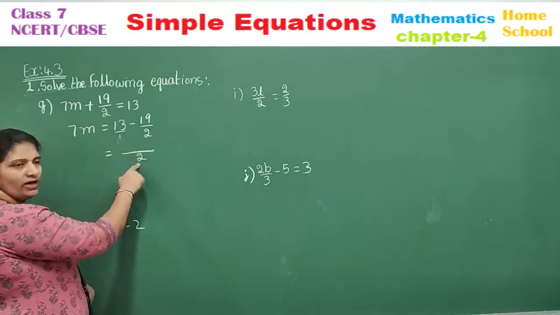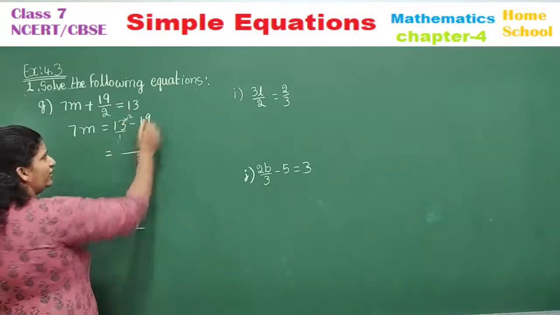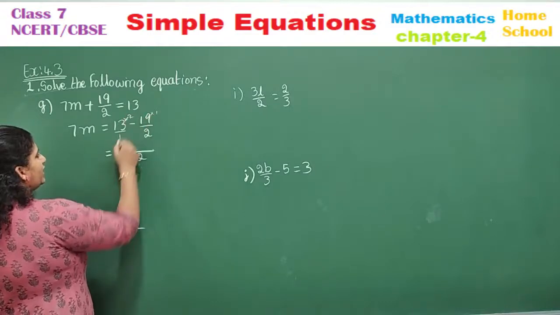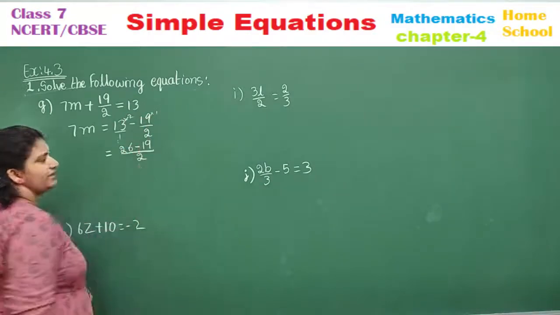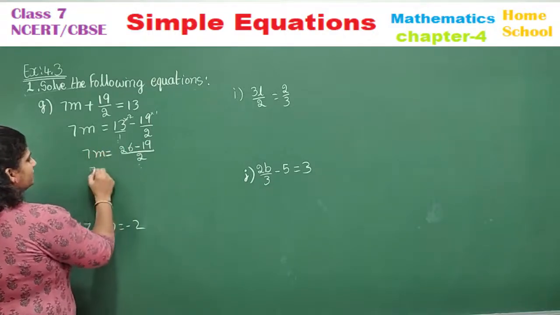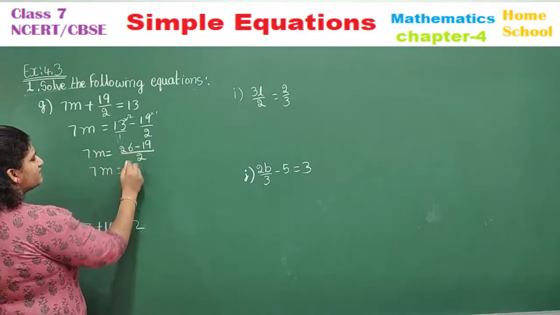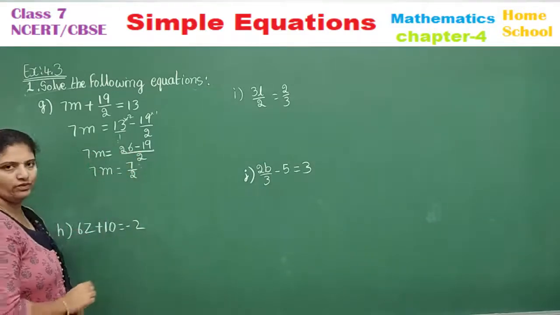That 2 multiply for the numerator and for this 1. 13 2s are 26 minus 19. 7m is equal to this one. 26 minus 19 will be 7 by 2.